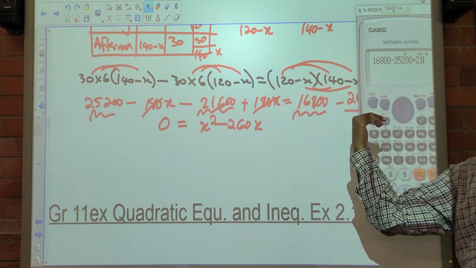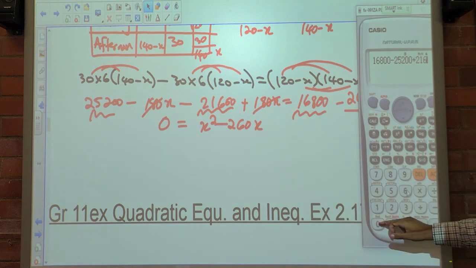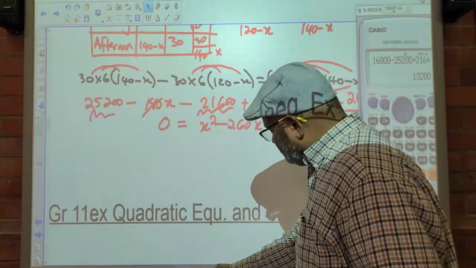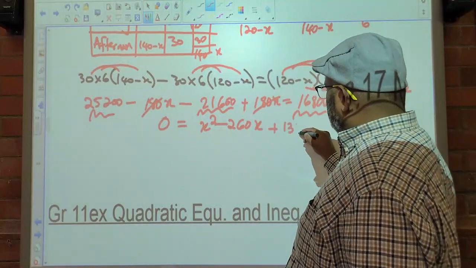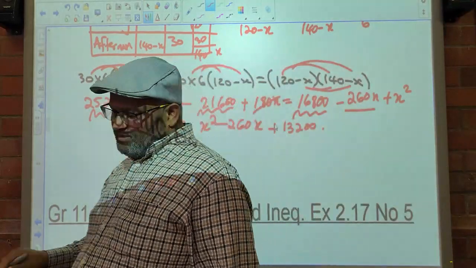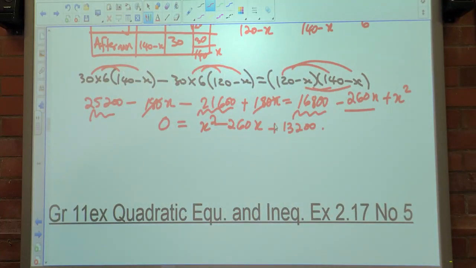We must bring it over the equal sign. That gives you 30,200. Alright, so what do we do now? Quadratic.